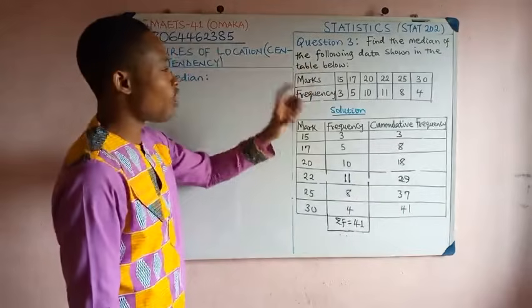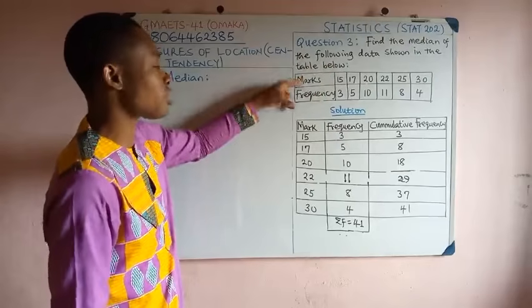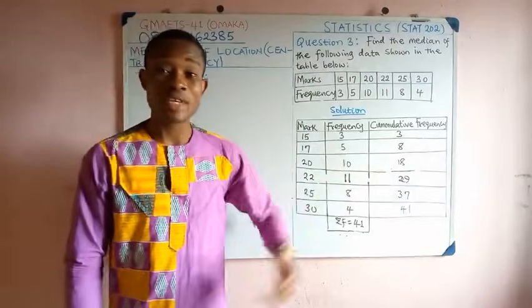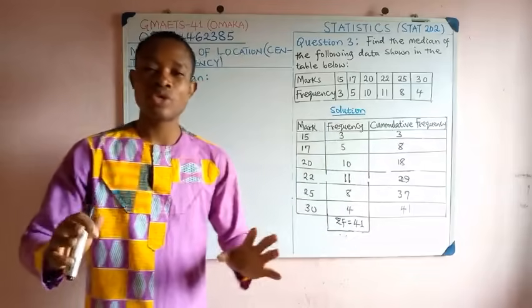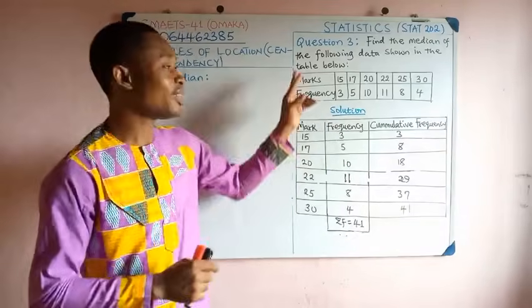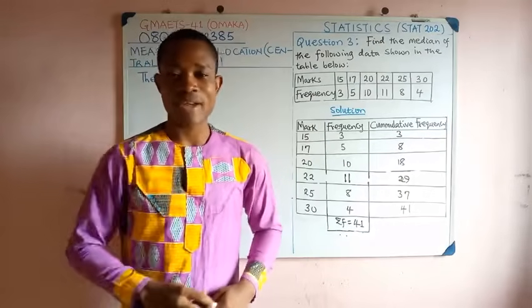Find the median of the following data shown in the table below. This is the table. We have these marks and the corresponding frequencies. How do we solve this to obtain the median? Solution. The first thing we need to do is to create a cumulative frequency column for this distribution. Please get your pen, get your book, and then you write.